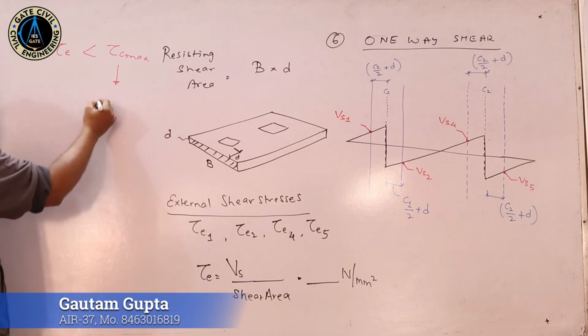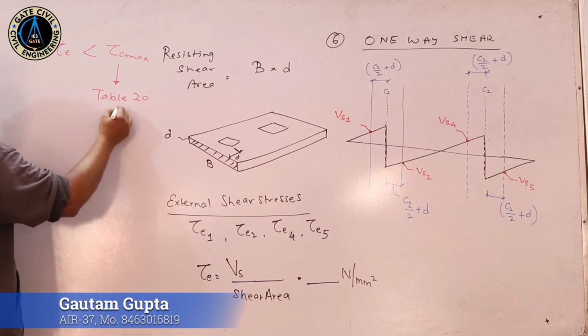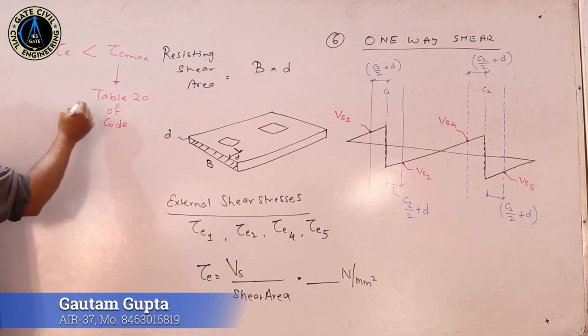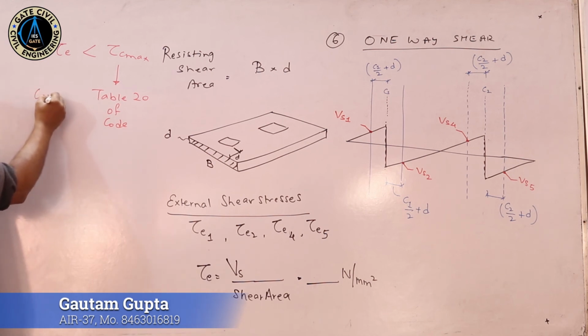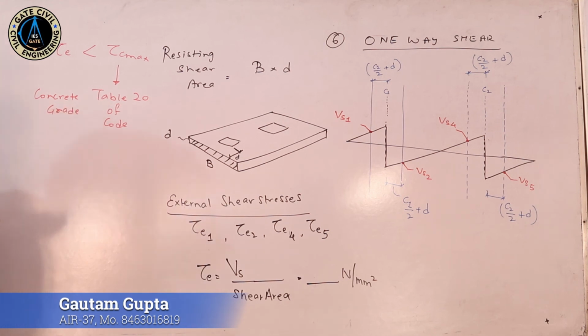This tau C max is calculated based on table 20 of the code, and it is based on the concrete grade. So this is one of the criteria.